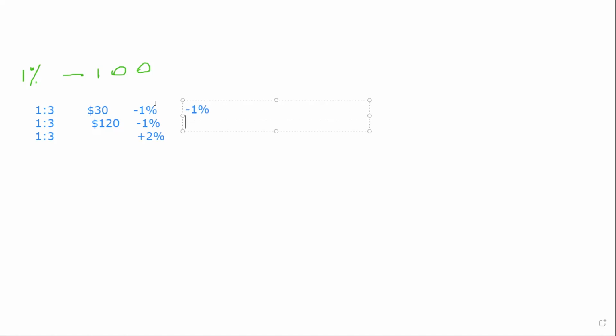Second time we try, we win the first trade, and then we lose the second trade. So we're down another 1%, which means all up we're down 2%. So let's try again. We win the first trade, we win the second trade, but then we lose the third trade. But that gives us 2%. So now we're back to even.